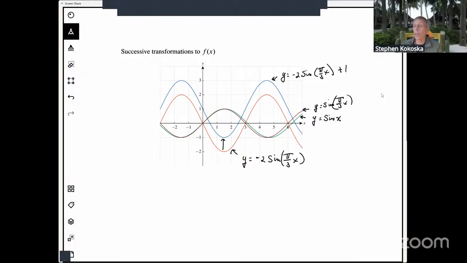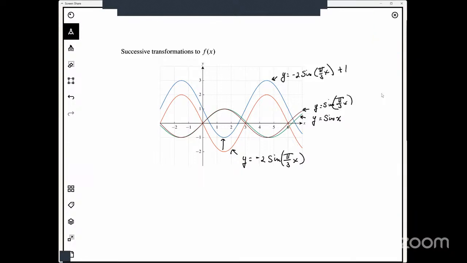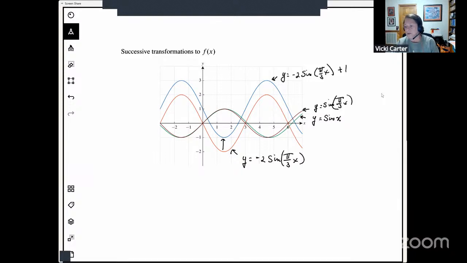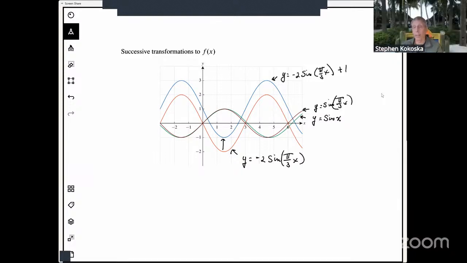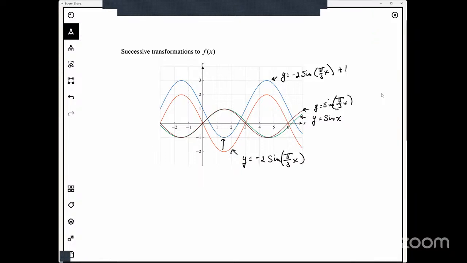Get the same curve. Yes, there are other ways to look at this. Absolutely right. And I would love to challenge students to try to come up with others, to write this with a horizontal phase shift rather than the reflection.